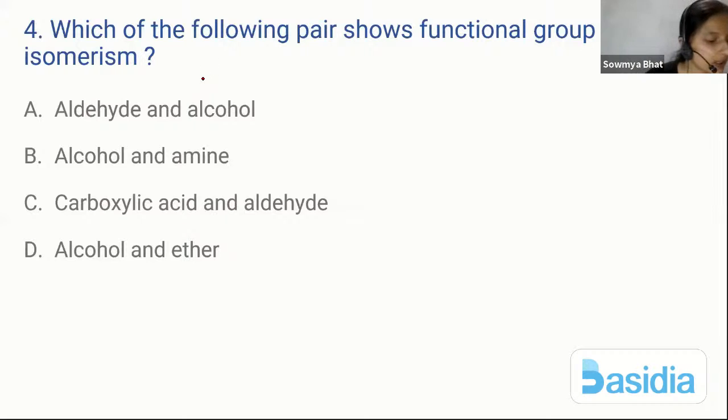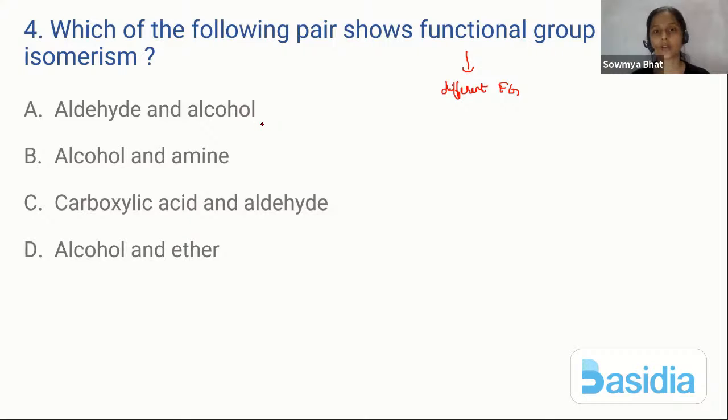So our next question is, which of the following pairs shows the functional group isomerism? First of all, we have to see what exactly functional group isomerism is. Isomerism refers to compounds having the same formula, and functional group isomerism means they should have different functional groups.